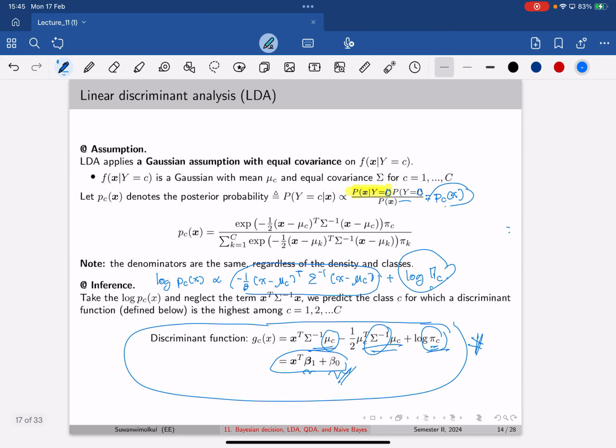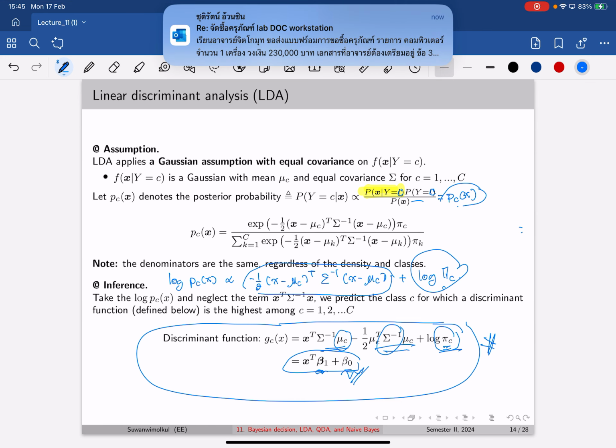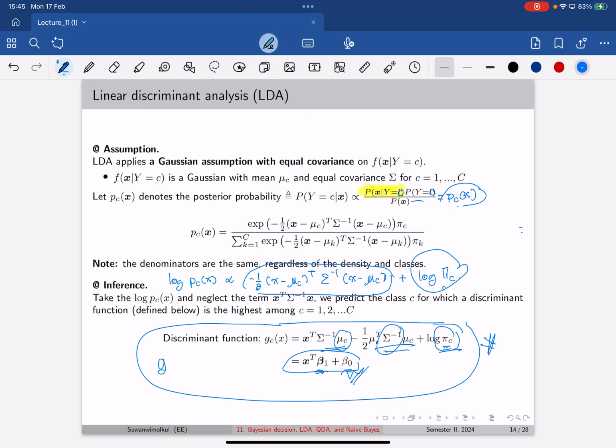Because if you have beta 1 and beta 0, you can then decide that if the value that corresponds to class C is higher than the other class, then that's definitely class C. So it's pretty much like the linear regression that you've done before. But I have to check how they got this beta.